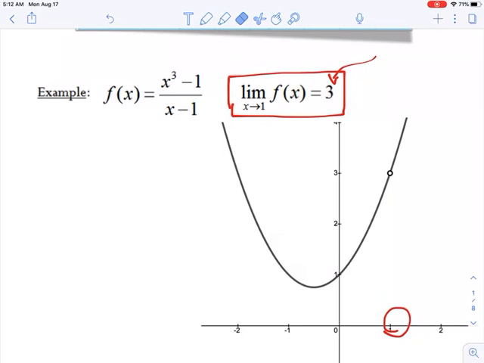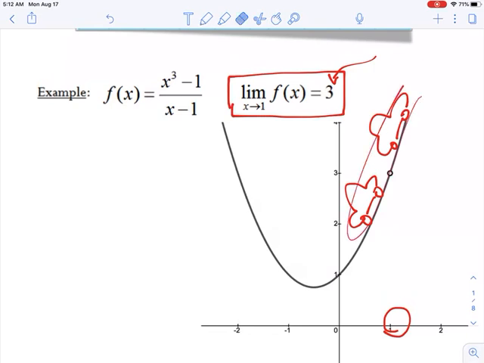What I want you to imagine is if there was a car driving on both sides of our function, where are these two cars going to crash into each other as we get closer and closer to whatever x value that is?